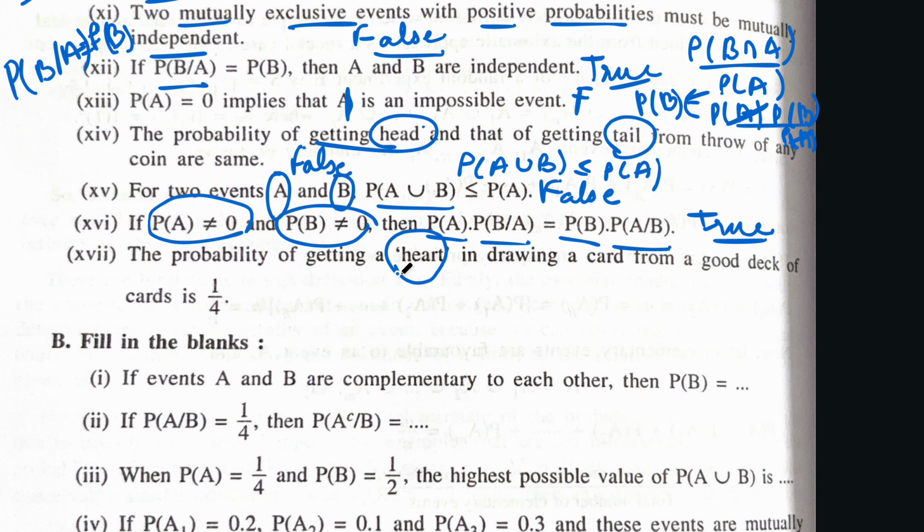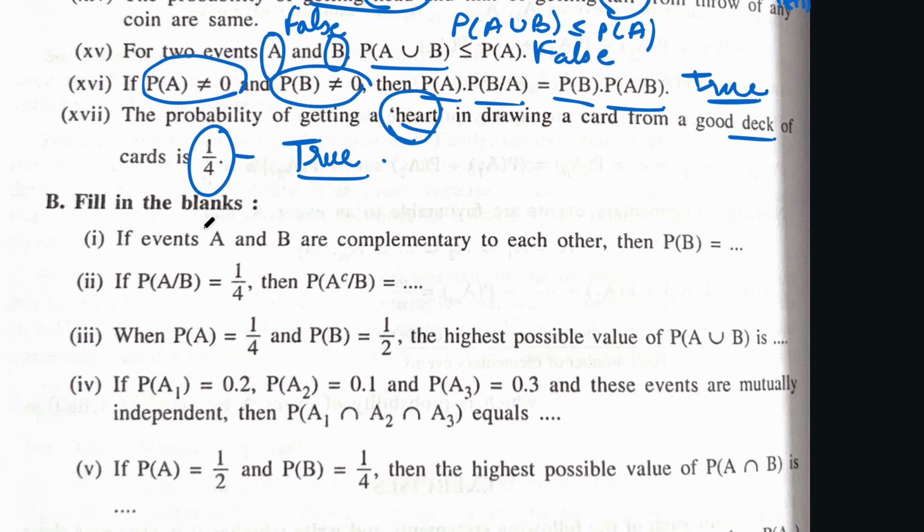The probability of getting a heart in drawing a card from a good deck is 1 by 4. I think true. Yeah. Fill in the blanks.